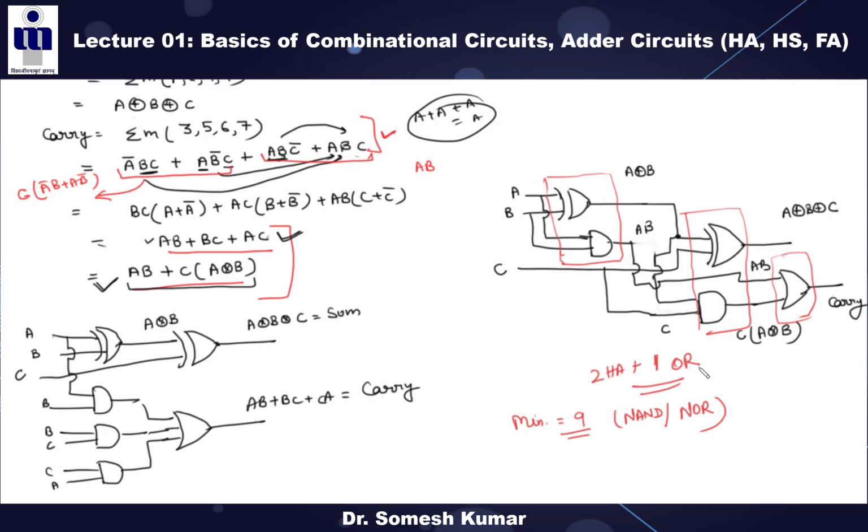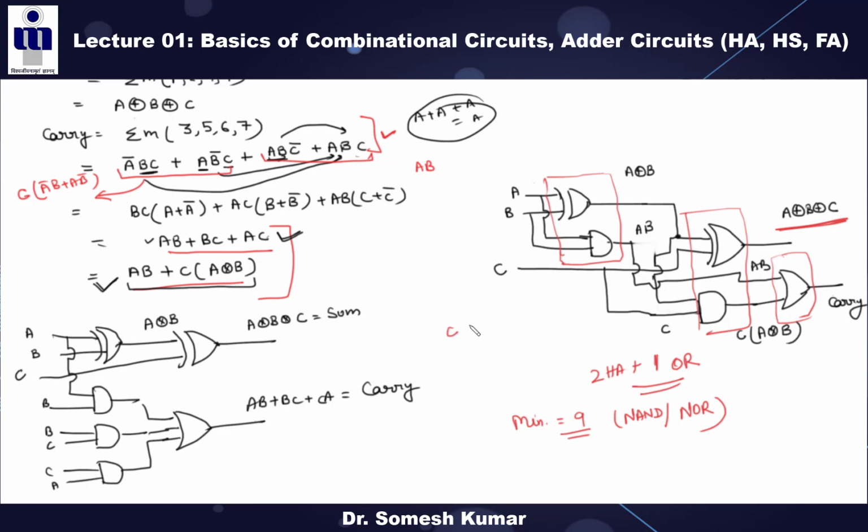For one XOR gate, how many NAND gates are needed? I already told you 4, and the sum is a combination of 2 XORs, so 4 plus 4, 8, and only one more NAND gate is required to implement this carry.